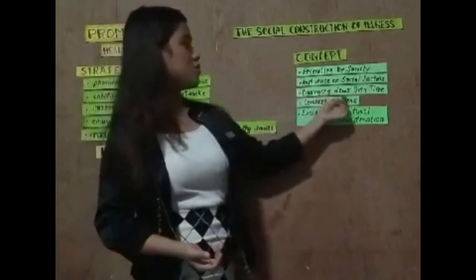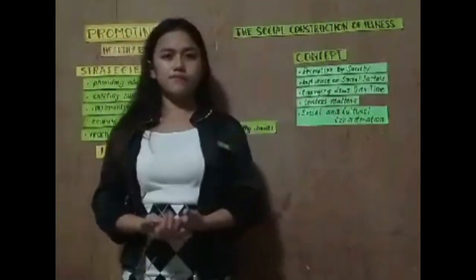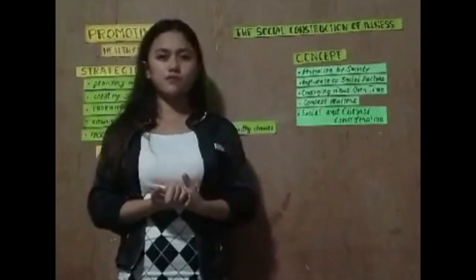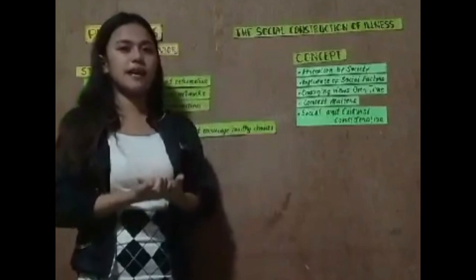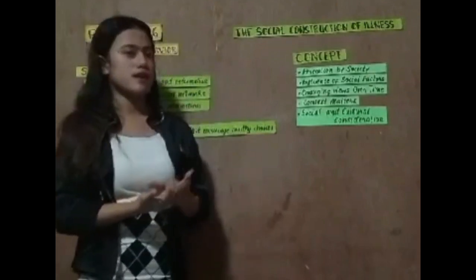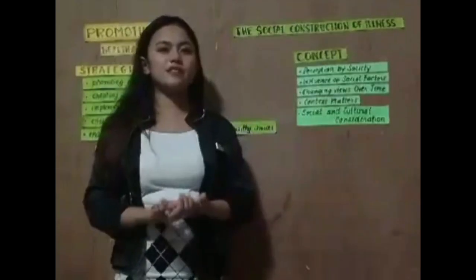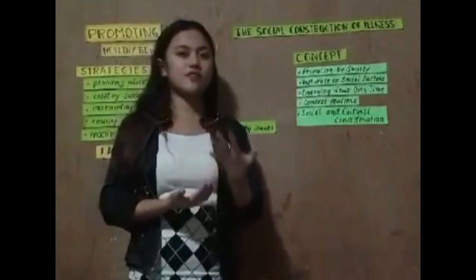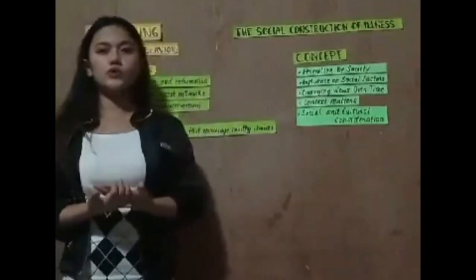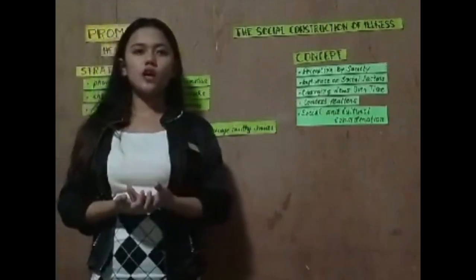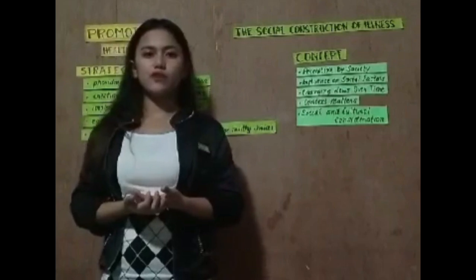Next is changing views over time. Society's understanding of illness evolves, leading to shifts in attitudes and acceptance. Followed by context matters. The way illnesses are viewed and treated varies across different societies and cultural contexts, highlighting the role of cultural norms and values.